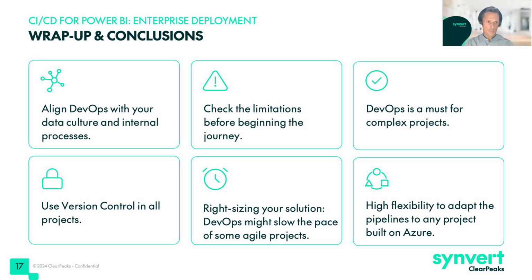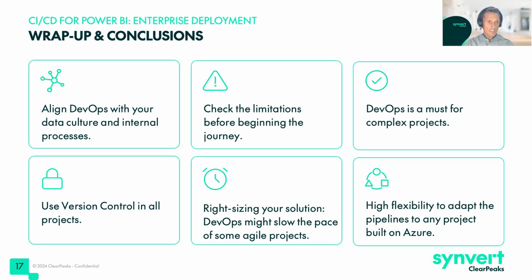Before anything, we have to check the limitations before beginning the journey, because there are things that can be in preview, there can be limitations. For instance, the service principal, at the time of recording this series, is only for Power BI items, not for other Fabric items.